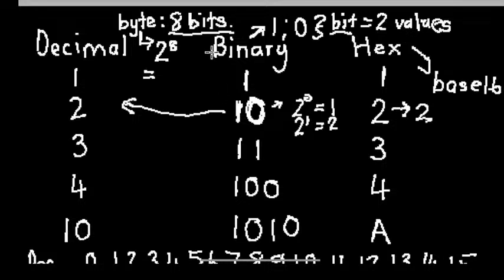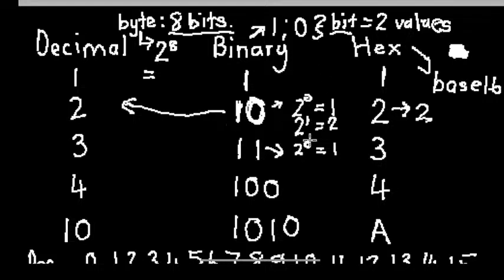Let's try 11. So we've got 1, so we can say 2 to the power of 0, and anything to the power of 0 is 1. Remember, when we're working with binary, we're working with 2's here. You'll see with hexes, we then work with 16 instead of 2's because it's a base 16 number system.